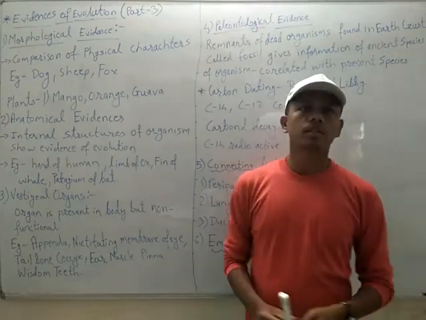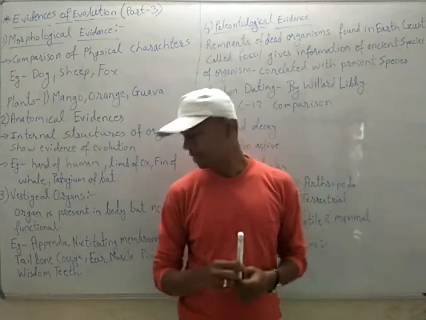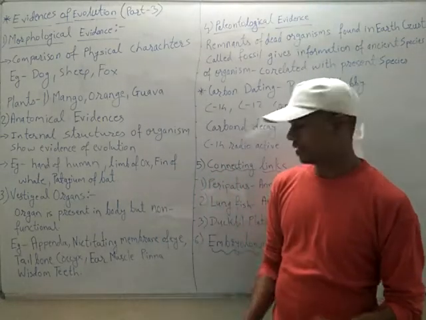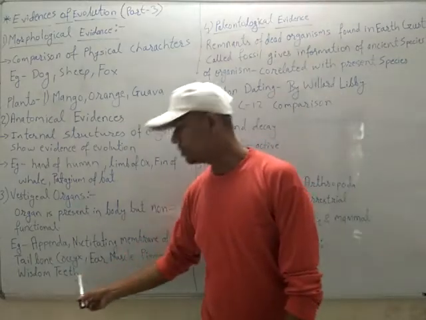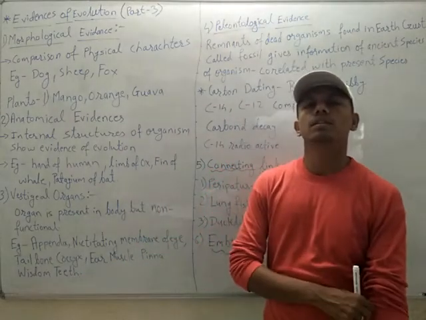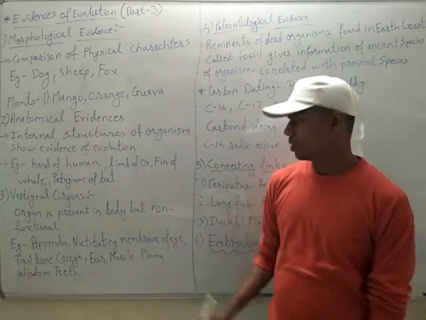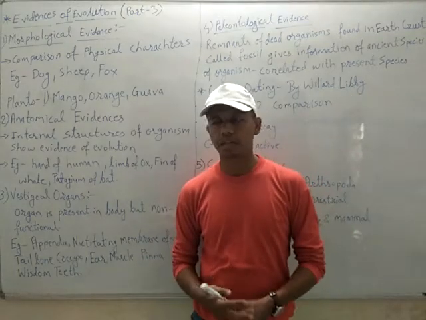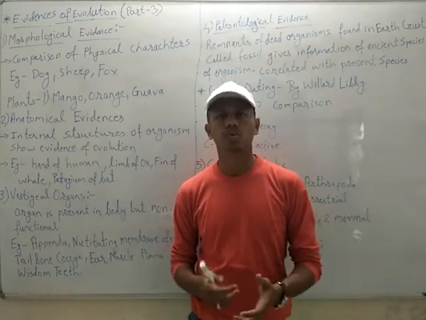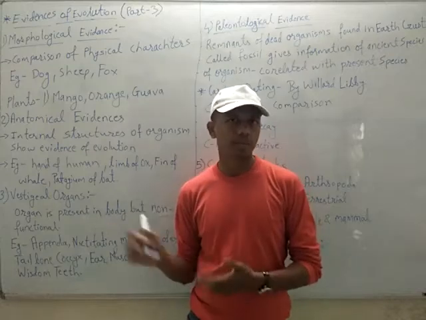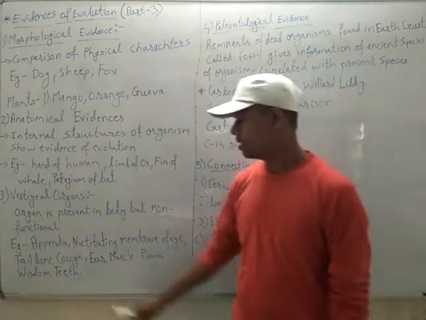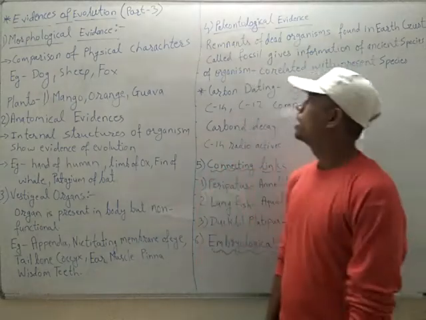It was also present in the human being, but now it is degenerate. Next is wisdom teeth. Wisdom teeth grow in human beings at a very adult stage, and they are not useful to the human being for any purpose. So it is a vestigial organ.